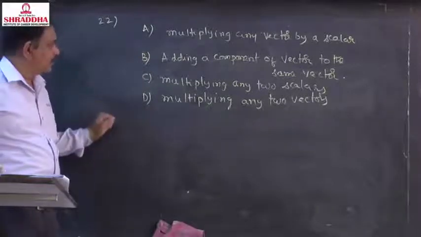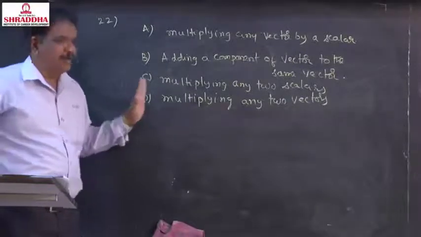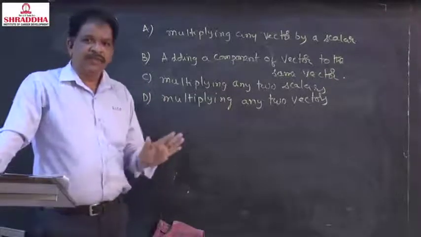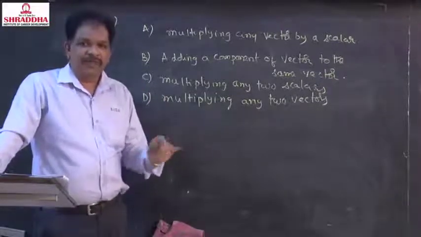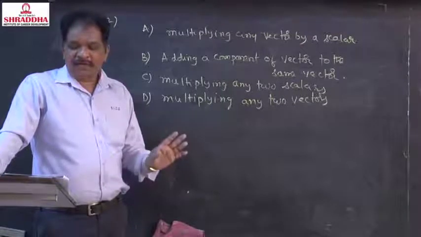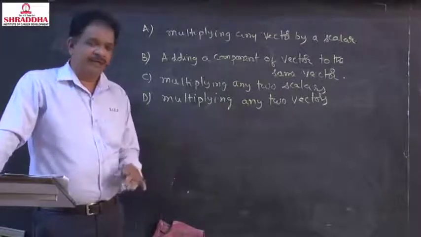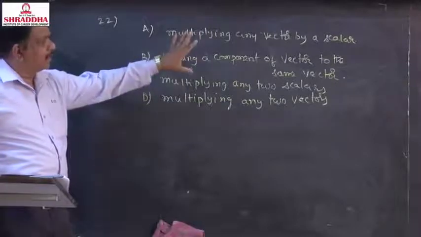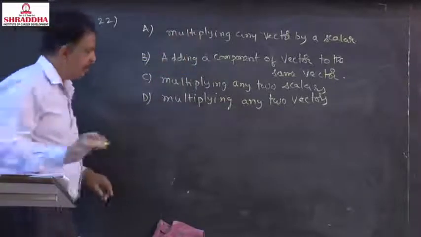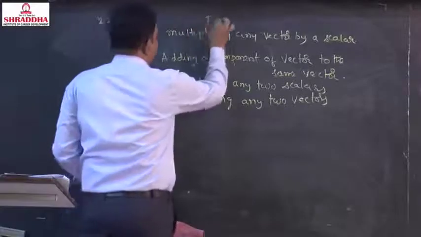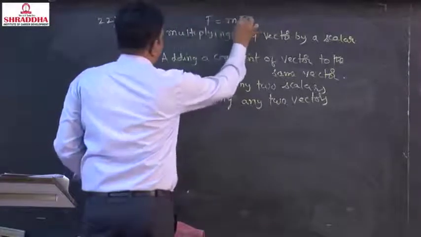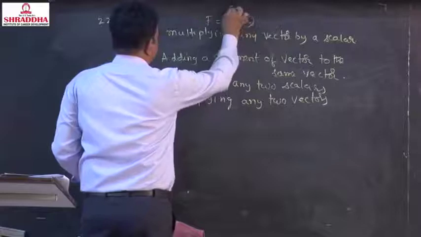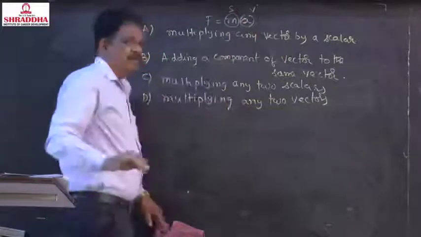Next, in this, one statement will be meaningless. Remaining all are meaningful. What is that meaningless statement? Any scalar and a vector can be multiplied. F is equal to ma. A will be a vector, m will be a scalar.